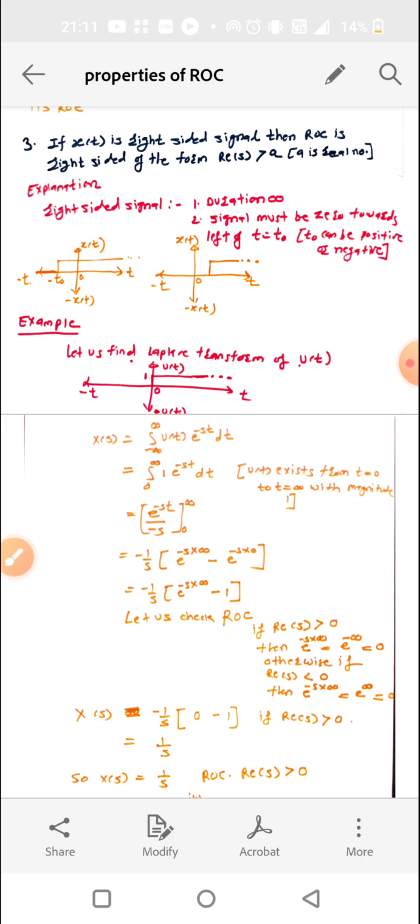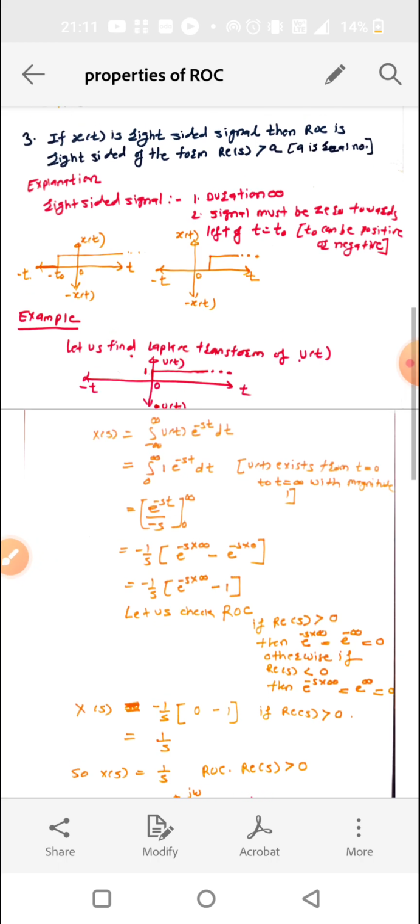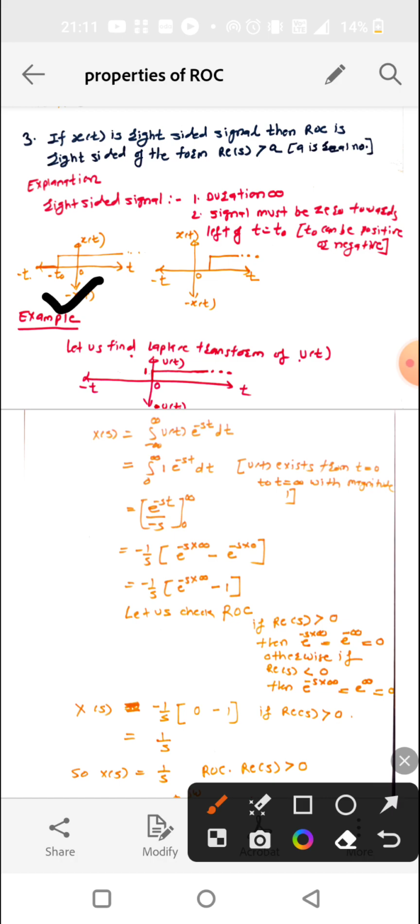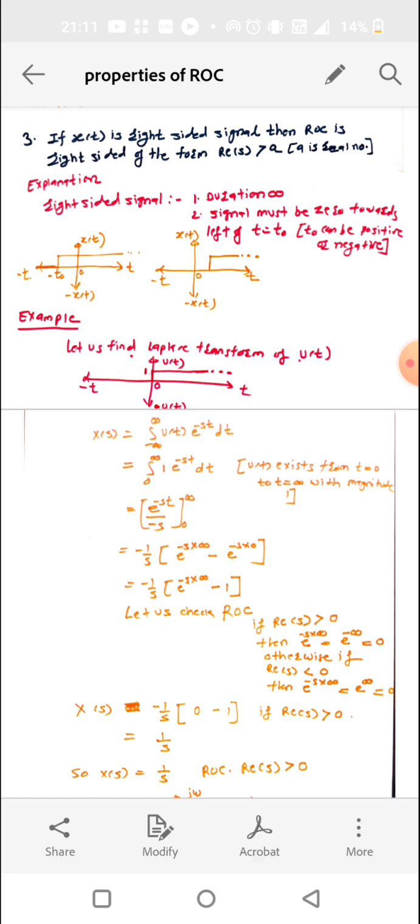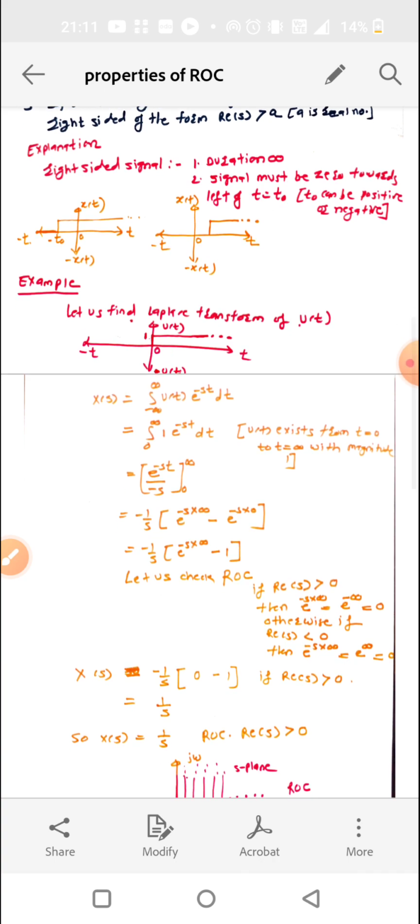Here t naught is negative, and here t naught is positive. So this is the definition of a right sided signal. There is no relation between causality and right sided signal. For a right sided signal, there are two conditions: the duration is infinite, and the signal must be 0 towards the left side of t equal to t naught.